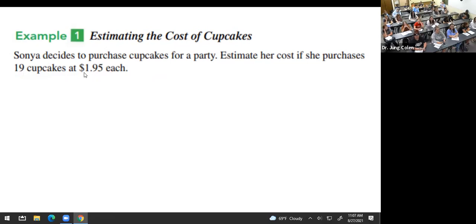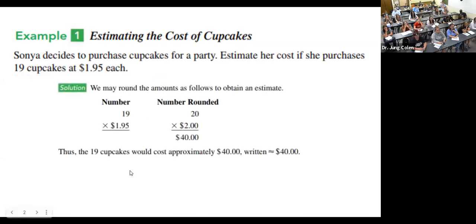So 20 cupcakes, about $2 each. So $40 is what you need. I think that's a really good estimation. But did we overestimate or underestimate? We overestimated. Just keep that in mind. Overestimating is, for this context, a little bit better, depending on what context you have.